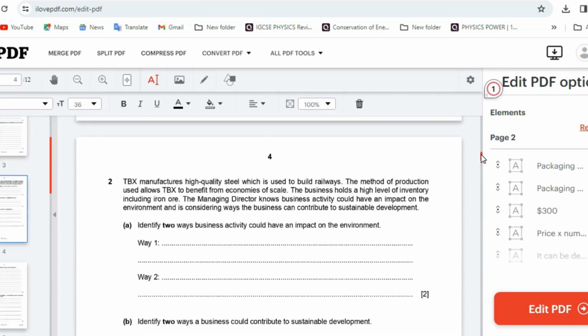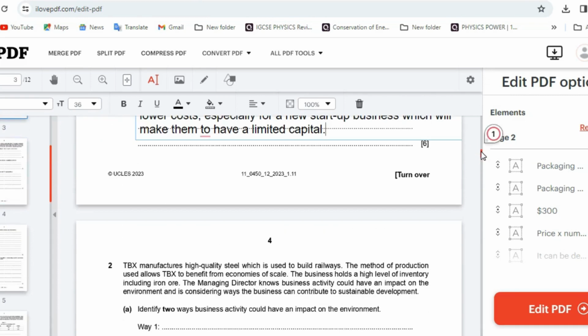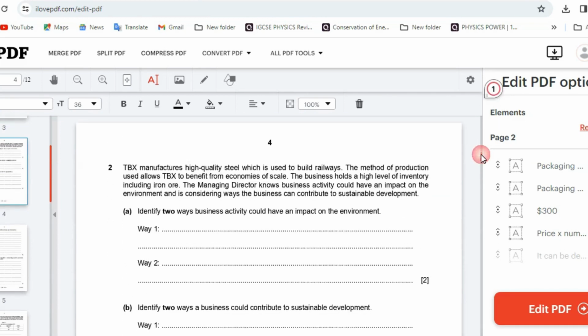Okay, now let's move to the next question that we have after we've done justification to that. We have question 2. In our question 2, we also have a short appendix here. TBX manufactures high quality steel, which is used to build railways. The method of production used allows TBX to benefit from economies of scale.